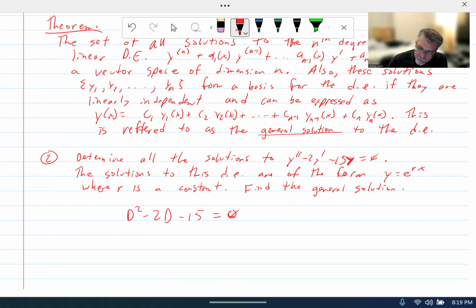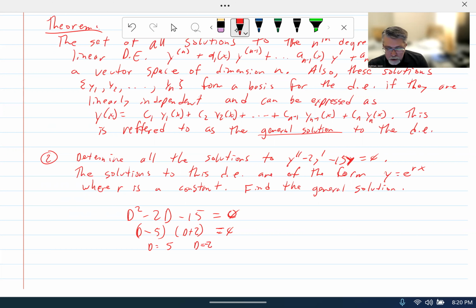And what I can do is factor this. This becomes D minus 5 and D plus 2 is equal to 0. And so I get D equals 5 and D equals -2.